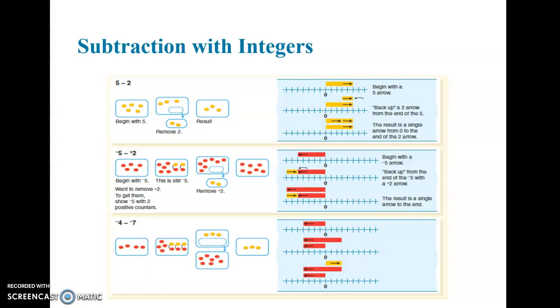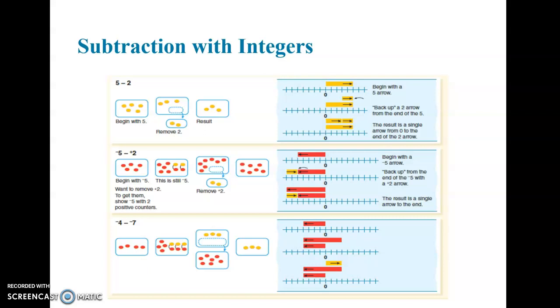If you have -5 minus +2, as in the figure on your screen, using a quantity model, the context could be money, such as: I started with a $5 debit and then withdrew, took away, $2 more from my account. What balance will my bank account show?